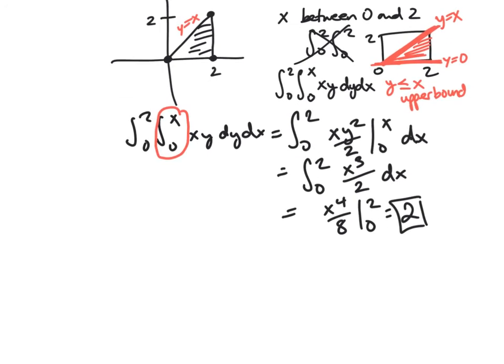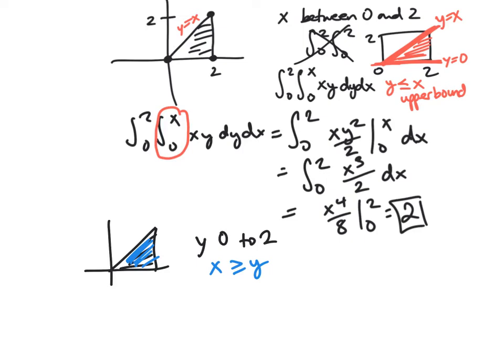So if we look at this same picture, but from a different perspective, then we could say, okay, my y bounds are from 0 to 2, but then what's happening with regards to my x bounds, right? So x here, just like y was less than or equal to x, is going to be greater than or equal to y, right? That's what's getting me this region.